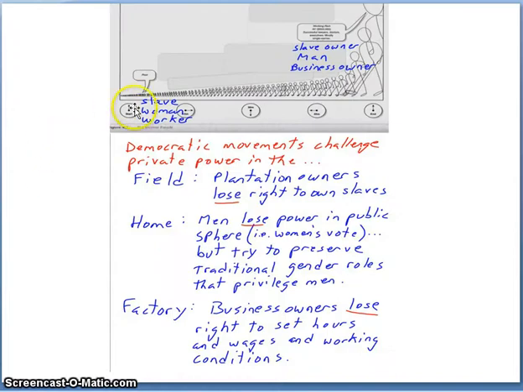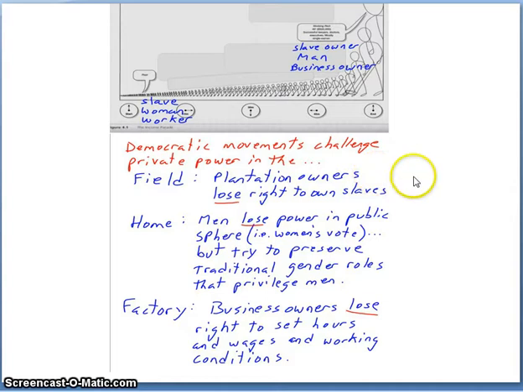While these movements in history have often tried to assert power in the political sphere, Robin thinks that ultimately the challenge is in the private domain of power. All of these democratic movements were challenging private power. The plantation owners were going to lose the right to own slaves, but that was a very intimate relationship on the plantation, so the abolition movement took something away that affected them personally, privately.